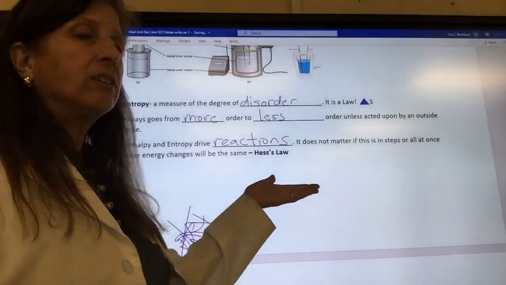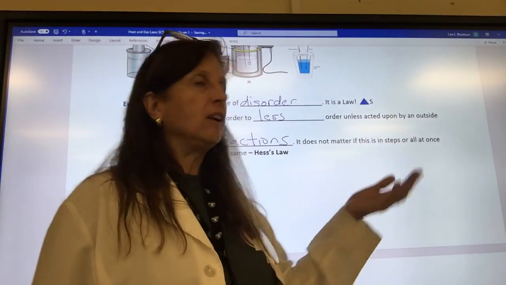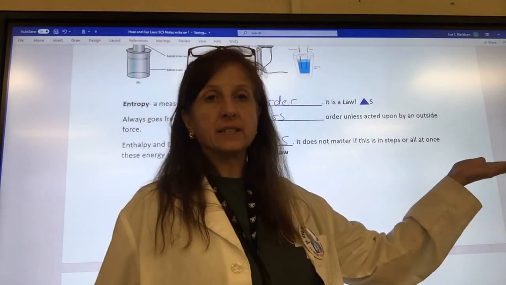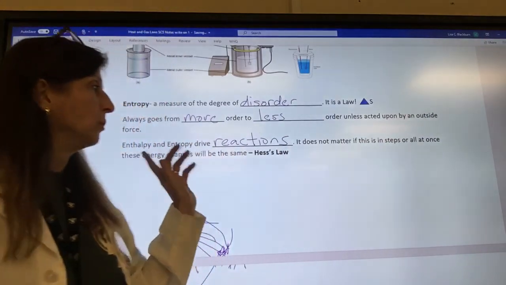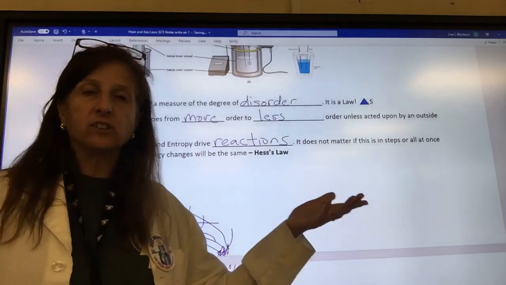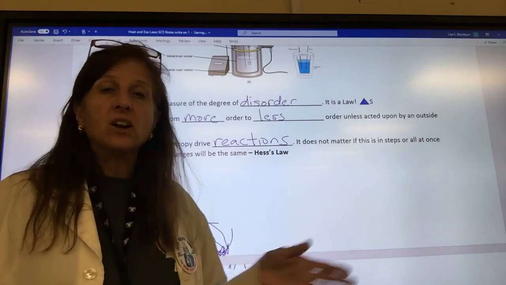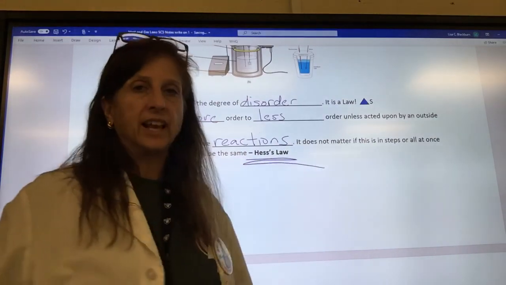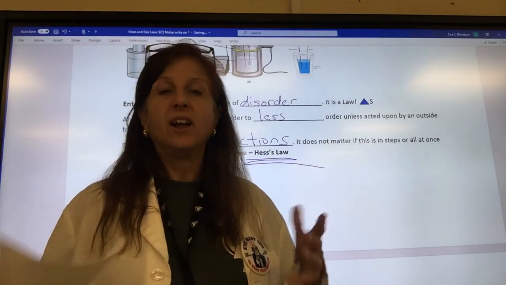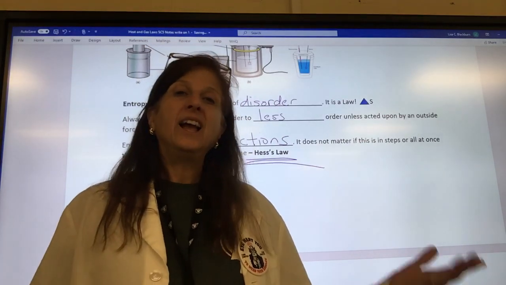It doesn't matter if these things happen all at once or in steps. The total energy change will be the same, and that is called Hess's law. He figured it out. The total numbers are going to be the same either way. And it kind of makes sense.